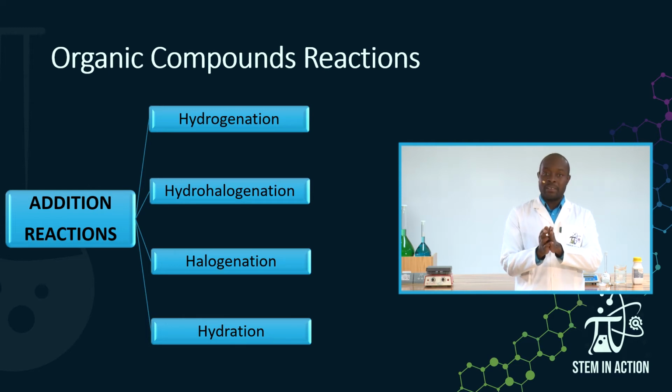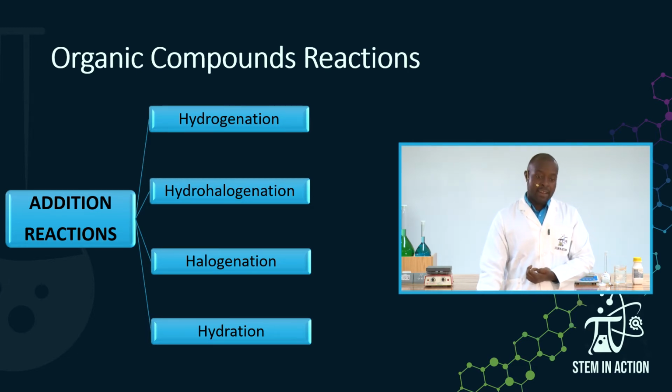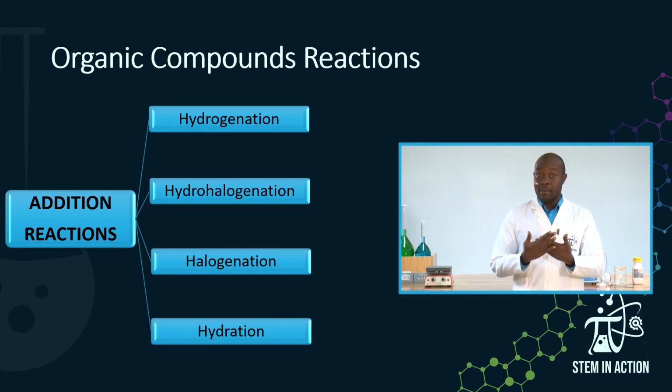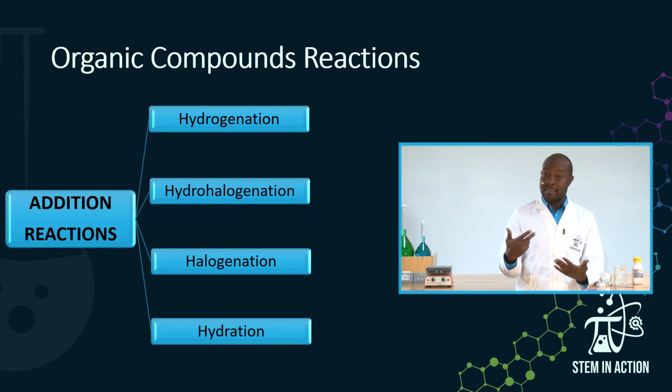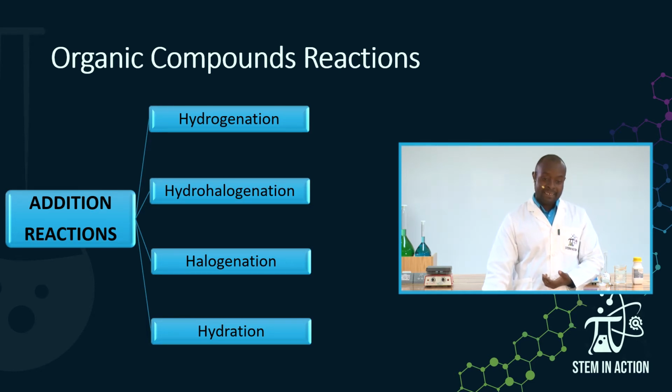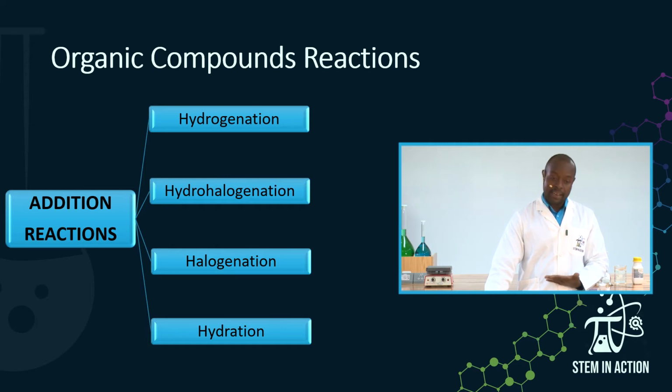So it is a compound that consists of a hydrogen and a halogen, such as hydrochloric acid, HCl, right? Then you've got halogenation, whereby you are adding a halogen molecule, where both atoms are halogens. And then hydration is whereby you are adding water. As the name suggests, hydra means water, right?